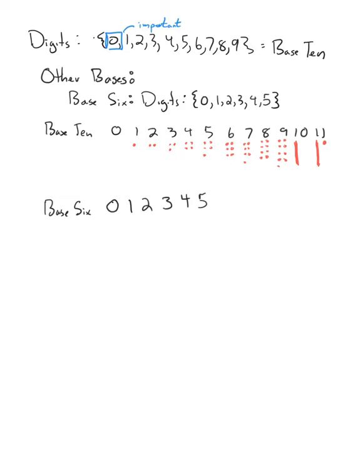But once I add an additional 1, I have 6 ones. So remember, the rule for base 6 is we regroup when you have 6 of something. So here, and it's going to look a little weird, but I'm going to write this number 6 in base 6 the following way. I'm going to write it as 1 0.